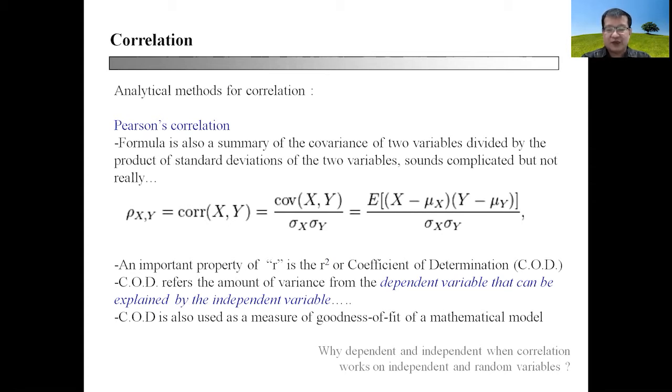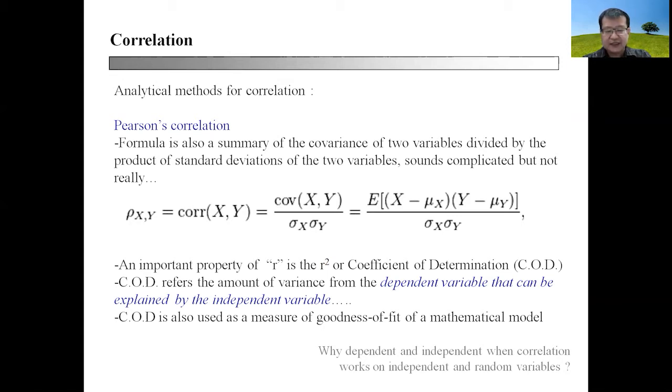There's also another important property of R as indicated by this Pearson's correlation. The R, when it's squared, is known as the coefficient of determination. Bear in mind that the coefficient of determination refers to the amount of variance from a dependent variable that can be explained by an independent variable. So in short, it describes the quantitative relationship between the dependent and its independent variables.